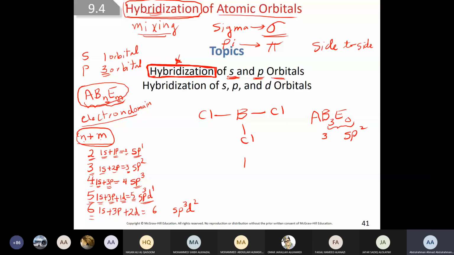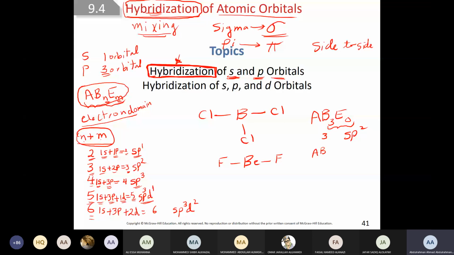How about this one? What's the electron domain? Doctor, how can we calculate the electron domain? Oh, this we did in the last lecture. Did you attend the last lecture? Yeah. I cannot go back, it's a long process.